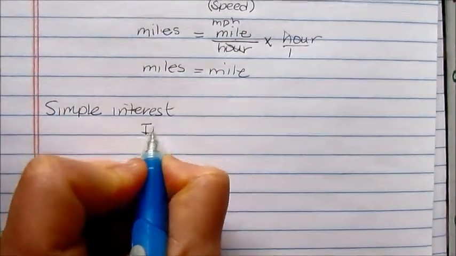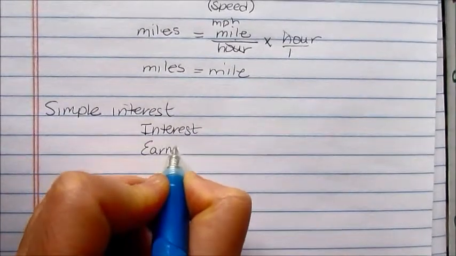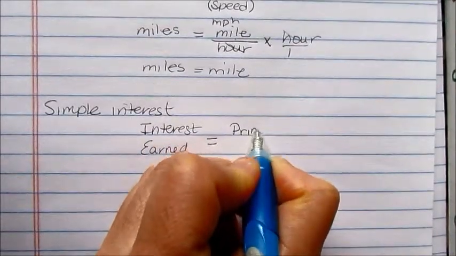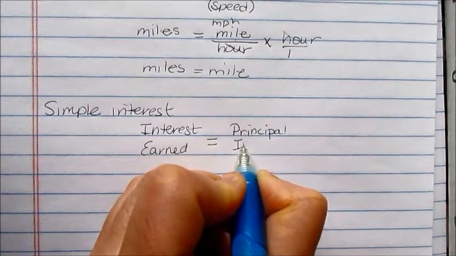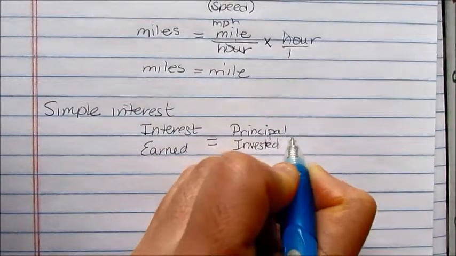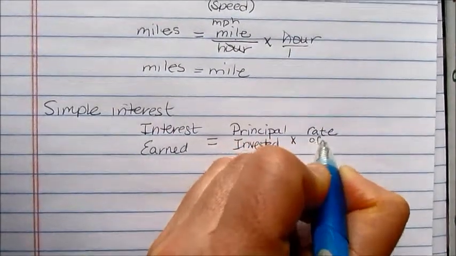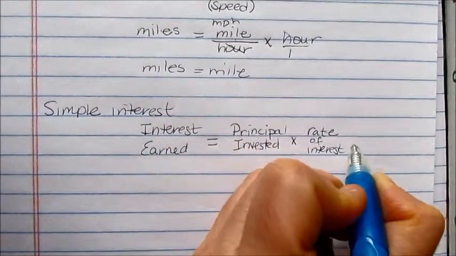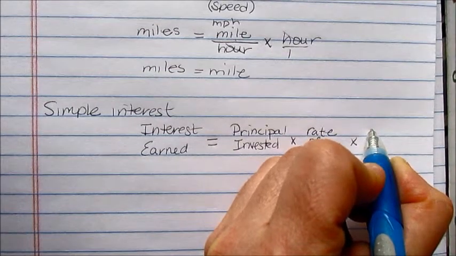The interest earned equals the principal investment, that's how much of your money you're putting down or borrowed, times the rate of interest. That's a rate per year. In order to get the grand total, you need to also multiply by length of time.